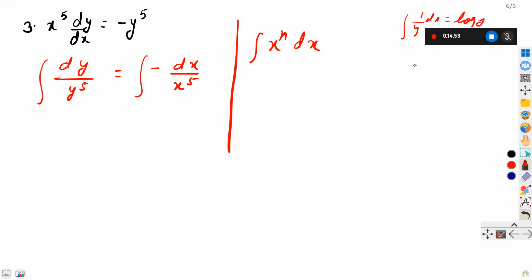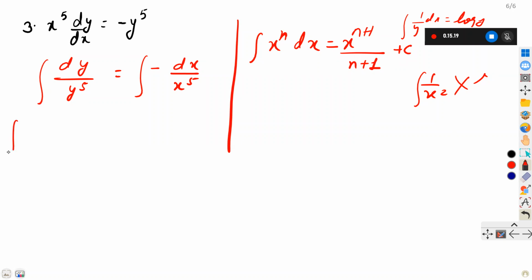That's correct. But if we have a polynomial function of degree greater than 1, let's say we have 1 upon x square, now we cannot say that this is log x square. Now we are going to use the formula for x raised to the power n dx. What it says is that you need to increase the power by 1 and divide by the same, and add the integration constant c.